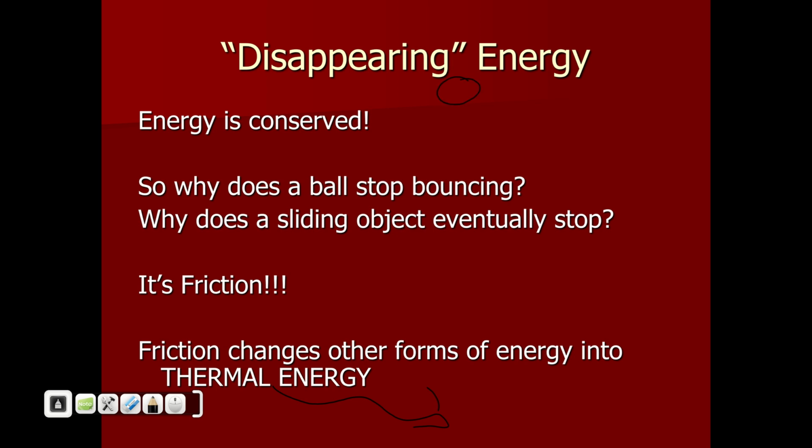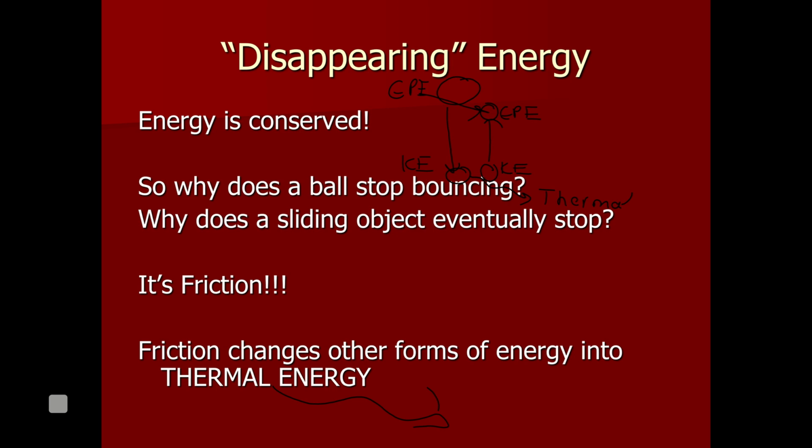So if I have a ball drop, it has gravitational potential energy changing into kinetic energy. When it hits the ground, though, through friction, some of that energy gets lost to thermal. The rest of it goes back into the ball, and it's able to bounce back up again. It goes from kinetic back into GPE. But the idea is there's less GPE now.